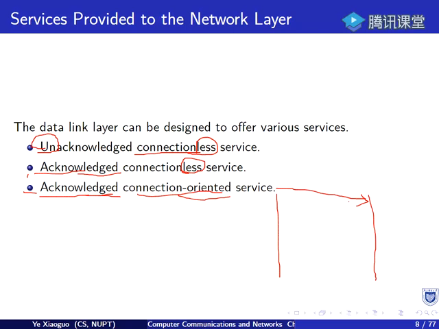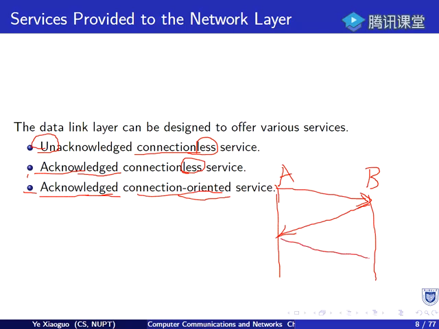For example, this is A, this is B. If A wants to send data to B, then A sends a small frame to B and says, I want to send data to you. B replies, okay.